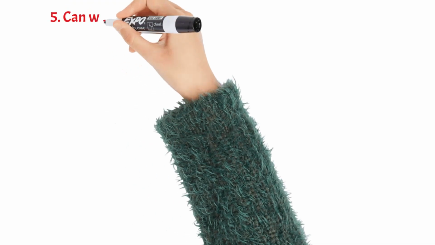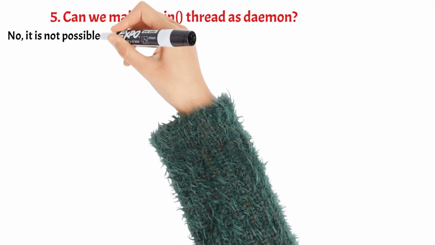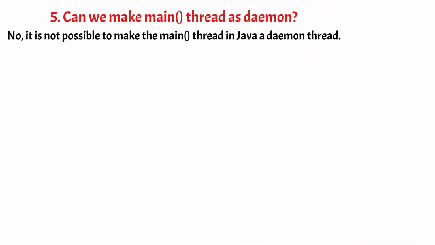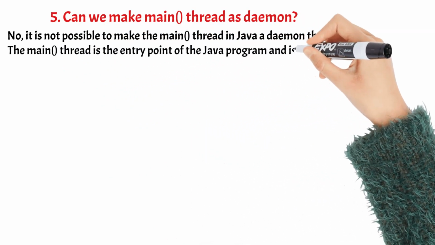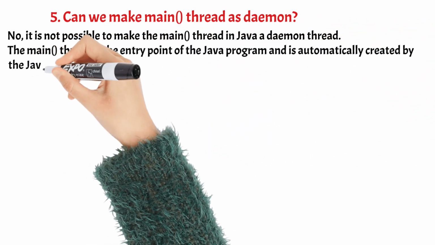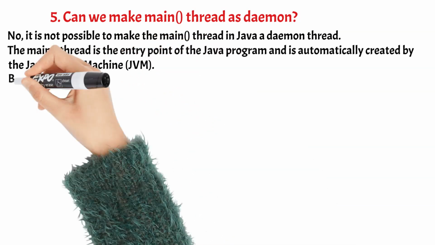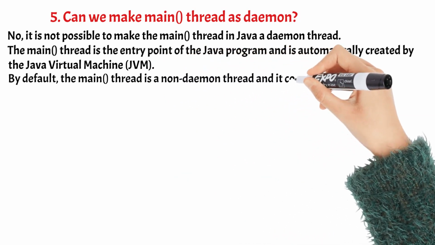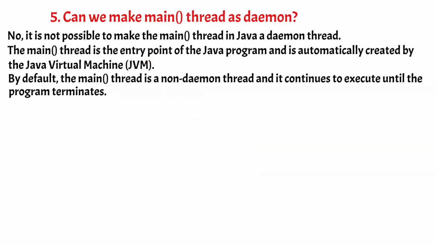5. Can we make the main thread a daemon? No, it is not possible to make the main thread in Java a daemon thread. The main thread is the entry point of the Java program and is automatically created by the Java Virtual Machine (JVM). By default, the main thread is a non-daemon thread, and it continues to execute until the program terminates.